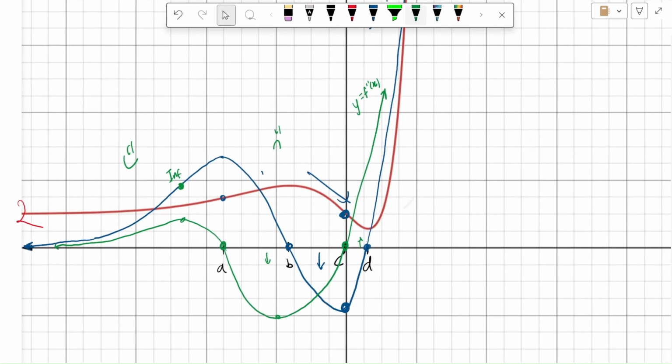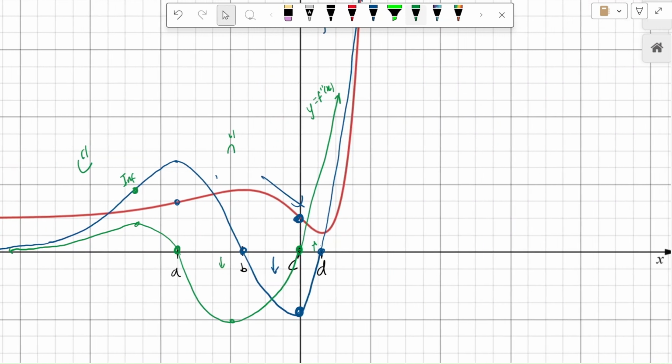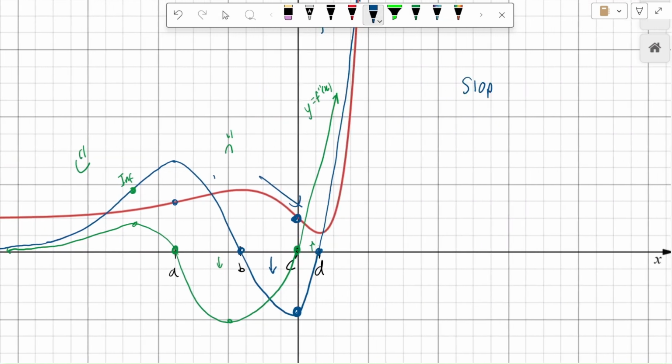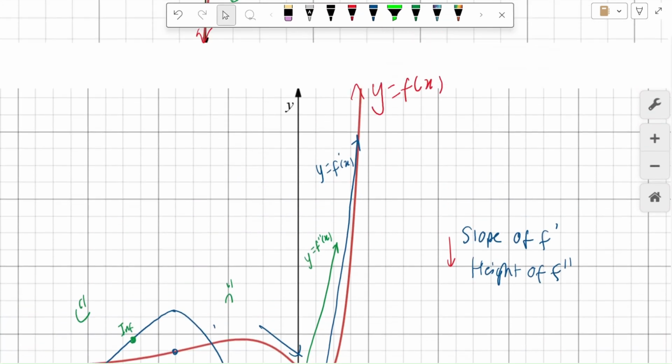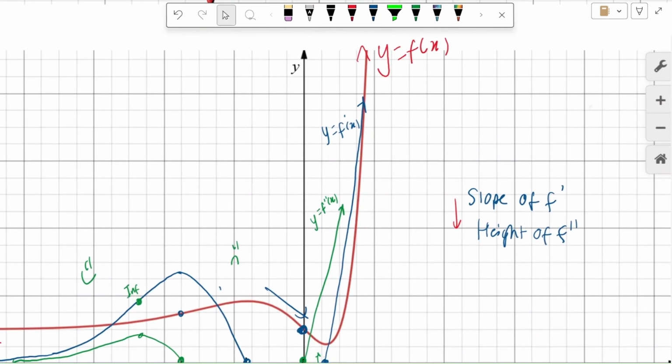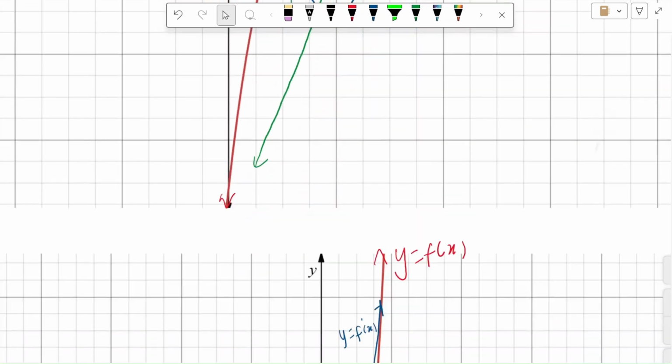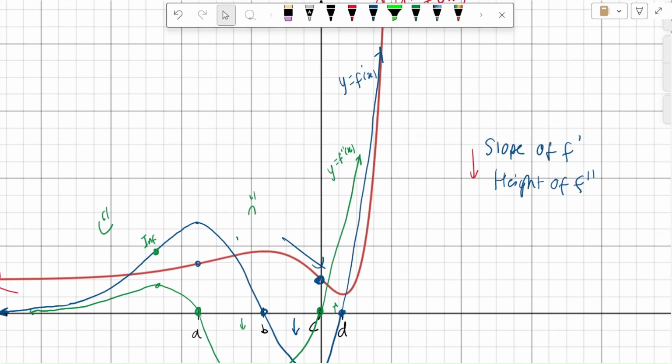Because if you look at the slope of the blue line, so the slope of f dash should tell you about the height of f double dash. Because basically, to go down one derivative is that process. So, like how when we were drawing f dash, we used the slope of the original function to do it. That works even if you're going from f dash to f double dash, that same trick.